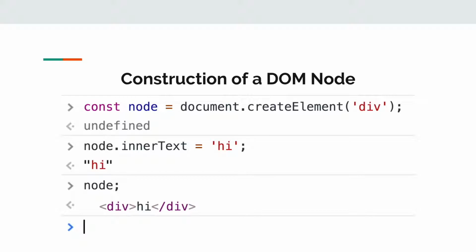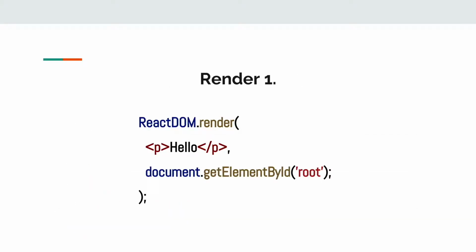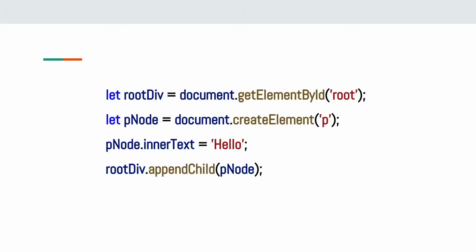It calls createElement and other functions from the DOM API in order to translate React component code into updates of document object nodes. For example, say you wanted to render a paragraph element with a text of hello using React. In this case, we're targeting the element with the ID of root within the document. Well, under the hood, React would translate this to core DOM API code that essentially looks like this.